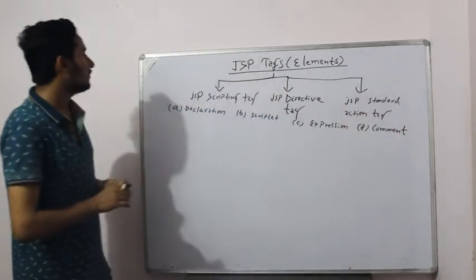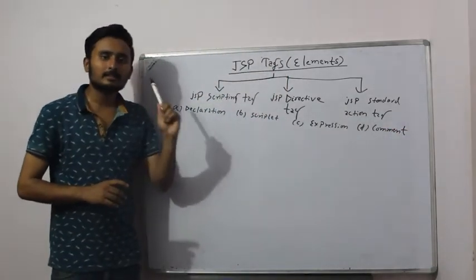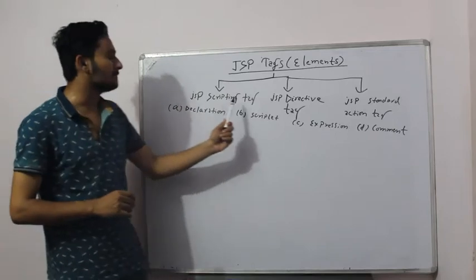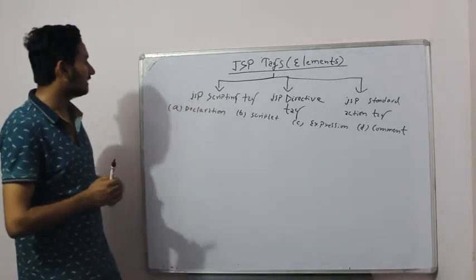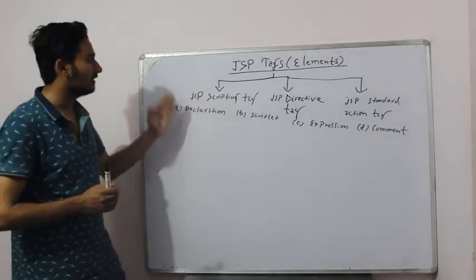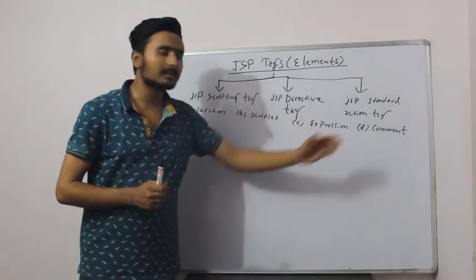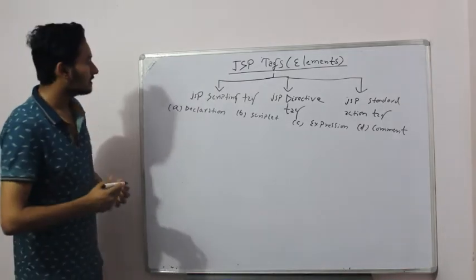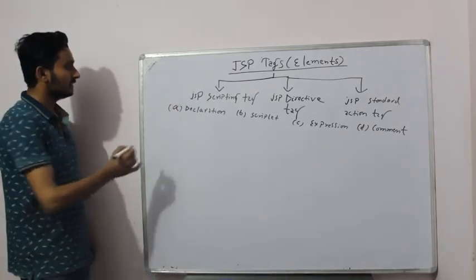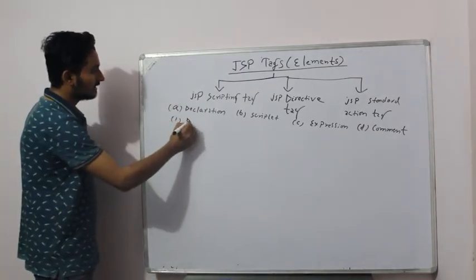So we have four different types of tags present inside the JSP scripting tag group: first declaration, next scriptlet, third expression, and the last comment. We will continue with the very first one, that is declaration.